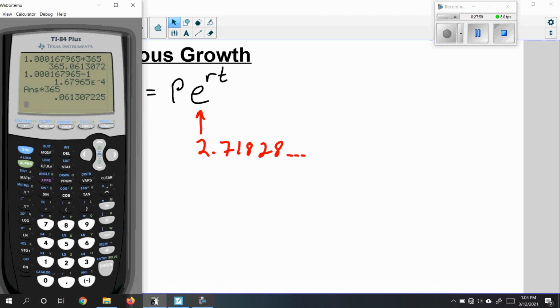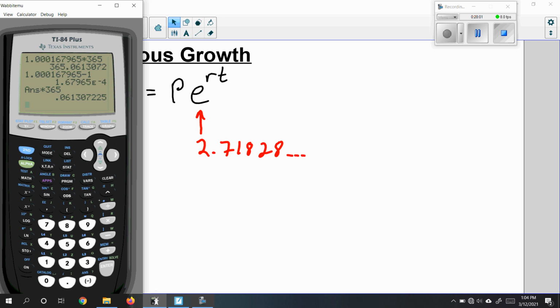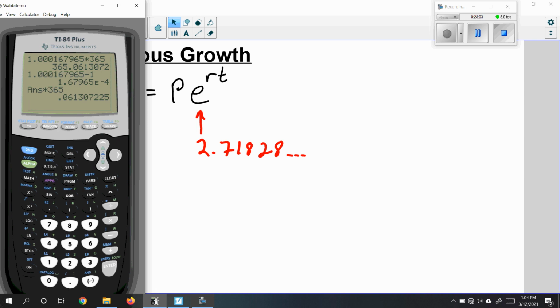You can also look for it in blue above the division bar. Okay, so this is e to the x, and here is e above the division bar. So if you press second divide, you can get the number e. And if I press enter, there you have it, 2.71828, etc. And this is a decimal that goes on forever.